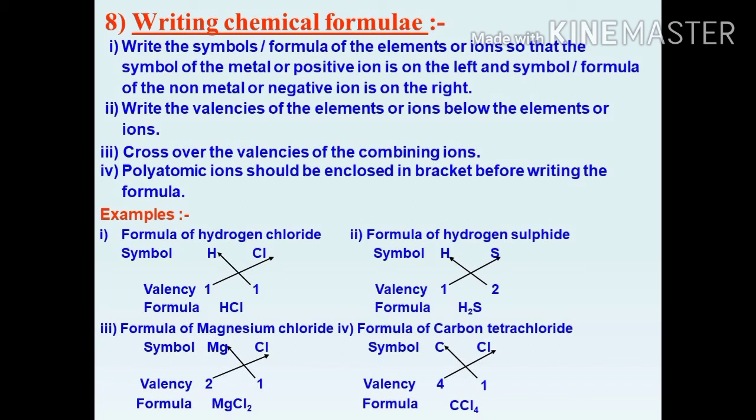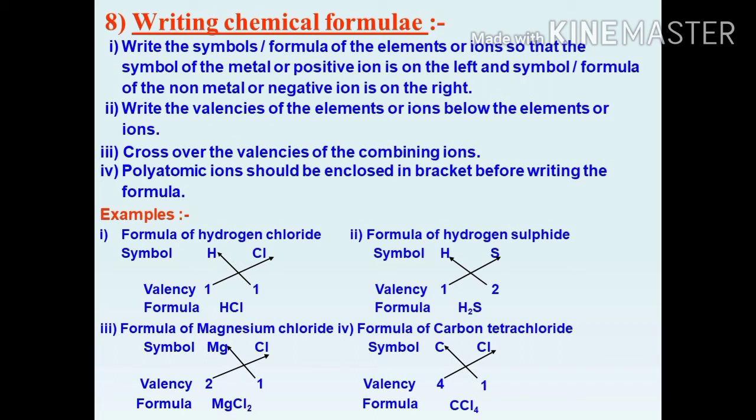S valency 1, only one sulfur. H2, hydrogen, H is the positive. For the positive, we should write the symbol and valency on the left side. While creating a formula, we should follow that rule first.